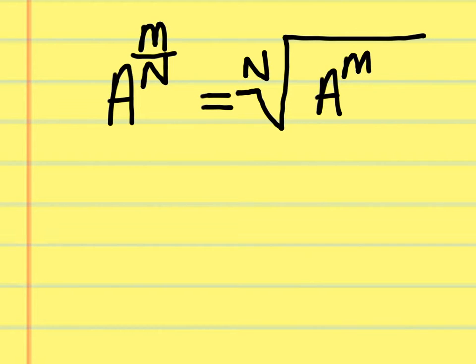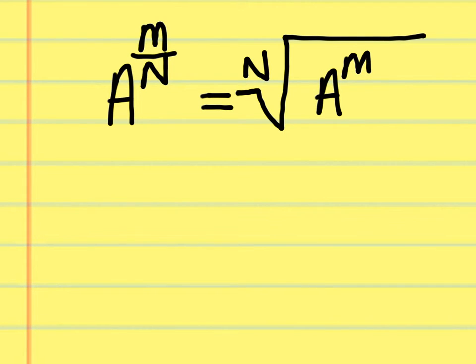Anytime you have a fraction for an exponent, remember that the bottom number is the root that's being taken of this base. So you can rewrite that fractional exponent as a radical sign, put the root on the little ledge there, and then this is raising this base to this power.